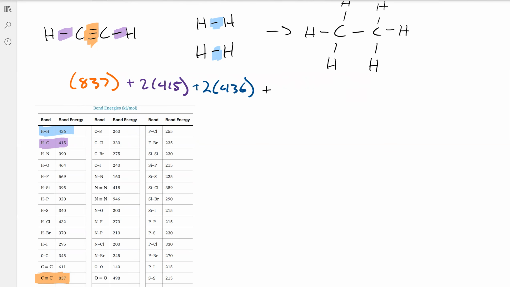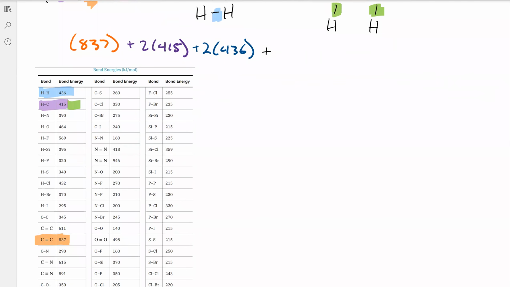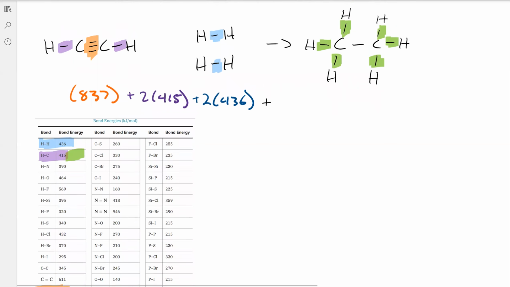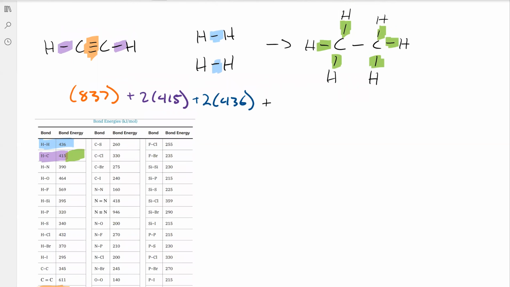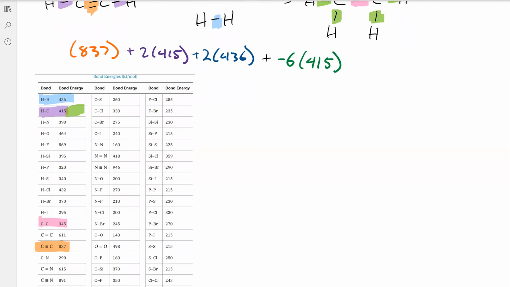And then on the product side of things, we've got 1, 2, 3, 4, 5, 6 carbon-hydrogen bonds. So again, we're going to use this 415. But this time, we're forming the bonds. That's an exothermic process. We're going to multiply here by -6. And then we form a carbon-carbon single bond, so that's 345.